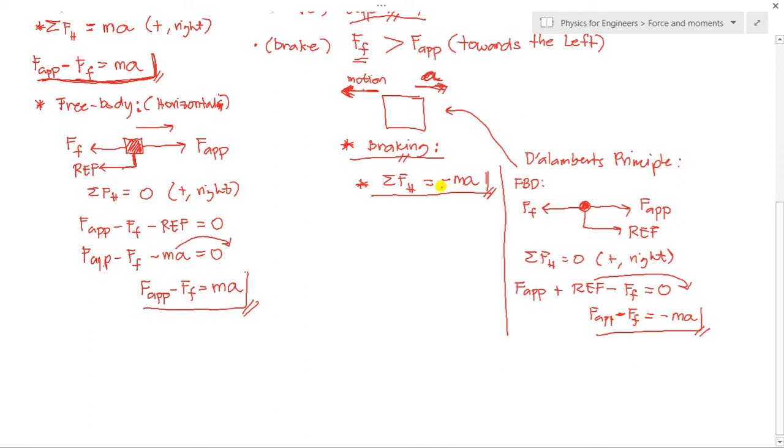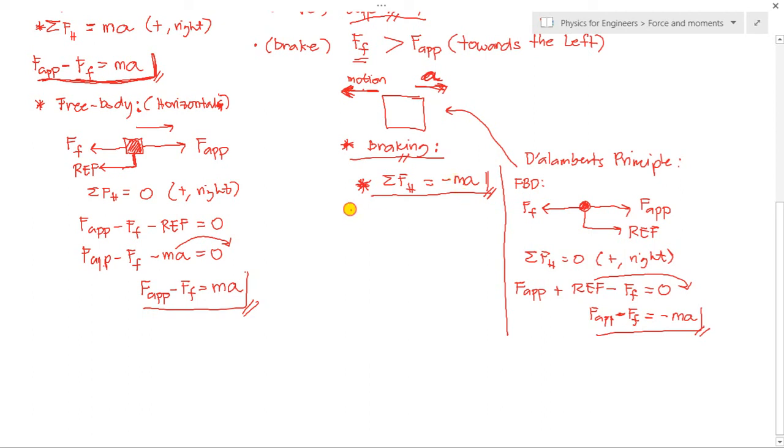If we follow the summation of forces equals the net force, when you brake, it becomes negative. That is why our motion is decelerating, so we have a negative acceleration because it slowed down.